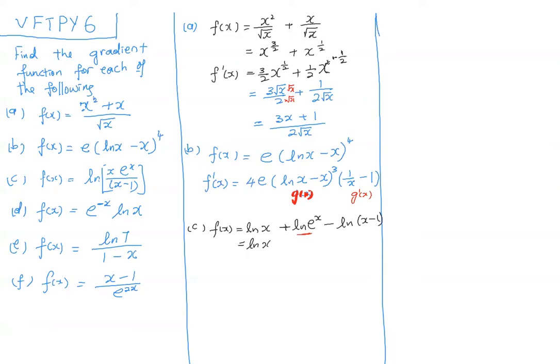You must have the formula in your mind. For example, I have ln a to the power of b, then I can bring the b up. That is what is in my mind. Then I also know that ln e is equal to 1. So that's why for this one, you bring the x in front and ln e is equal to 1. That is how you go.